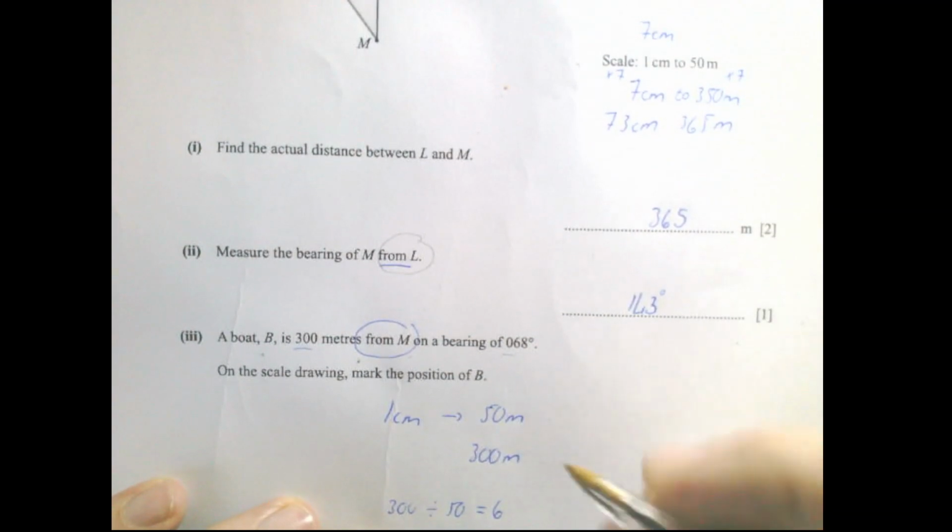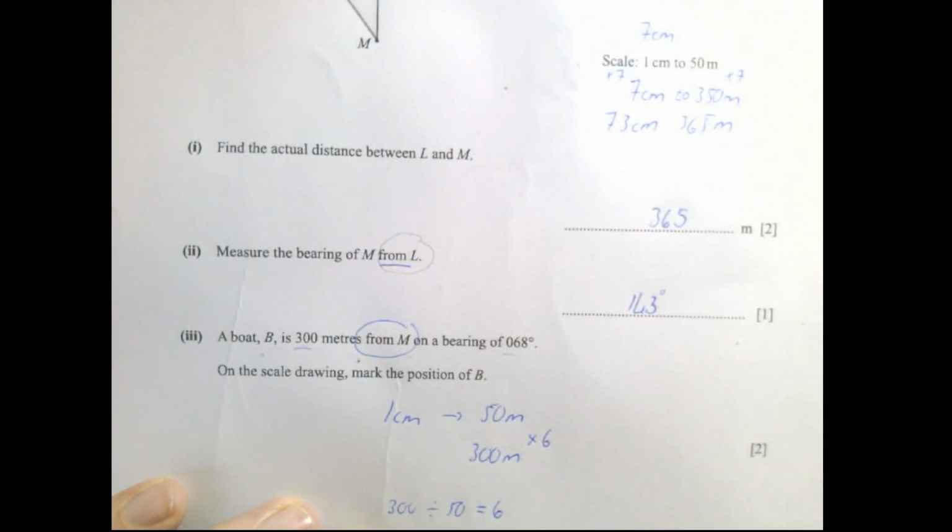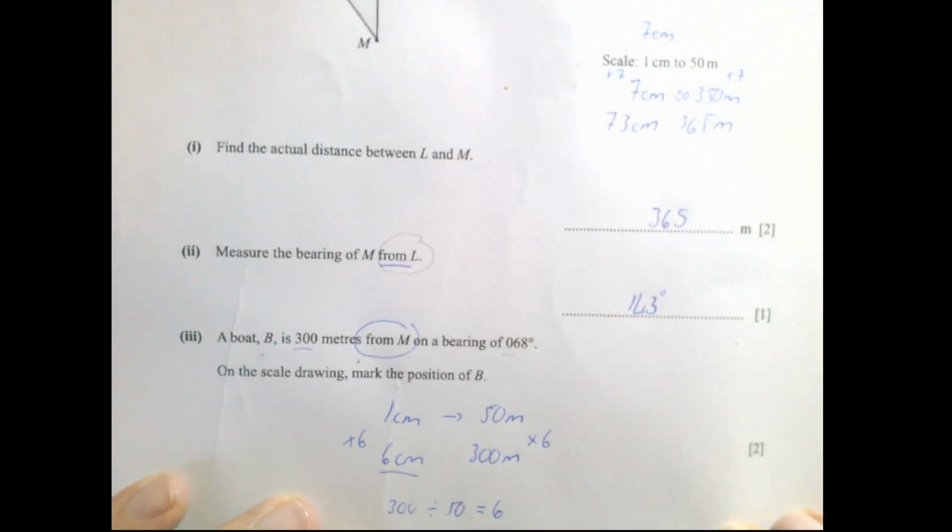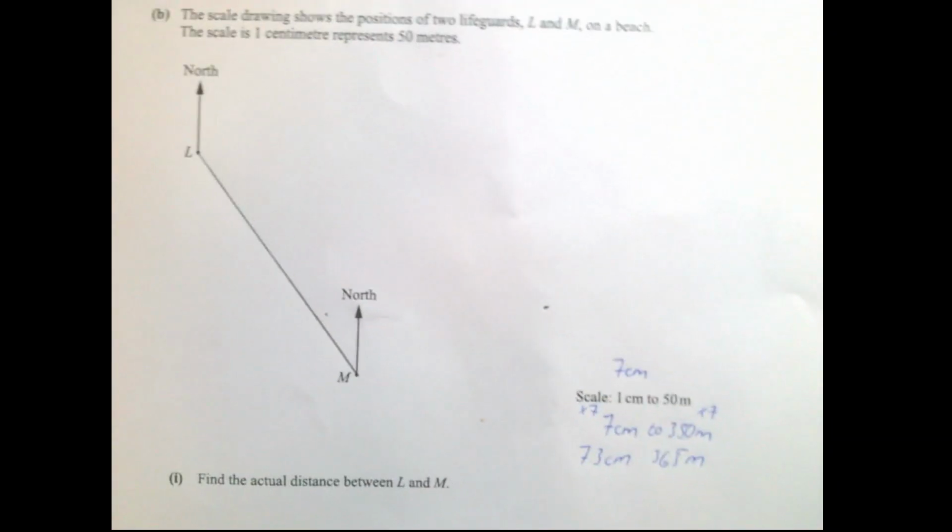What would that be? 60, is it not? Or 6? It would be 6, of course. So that means 50 times 6 is 300. So we multiply this side. 1 times 6 is 6 centimeters. So that is what it is on the map or on the exam.